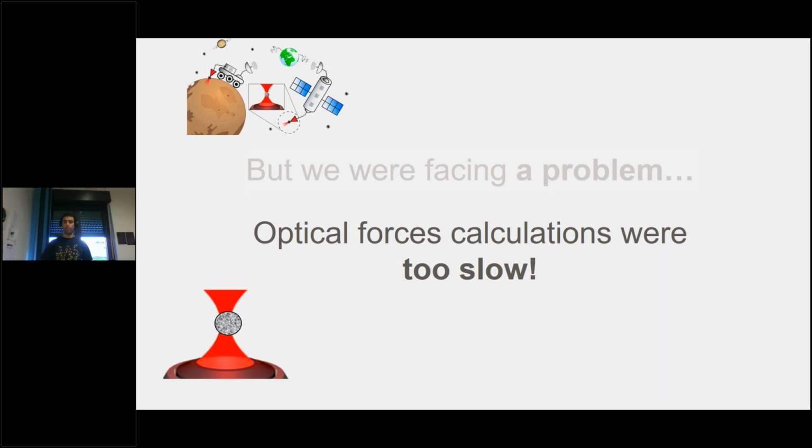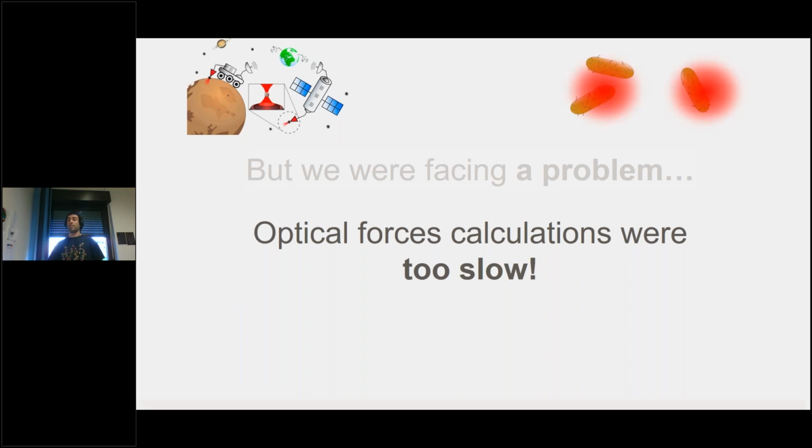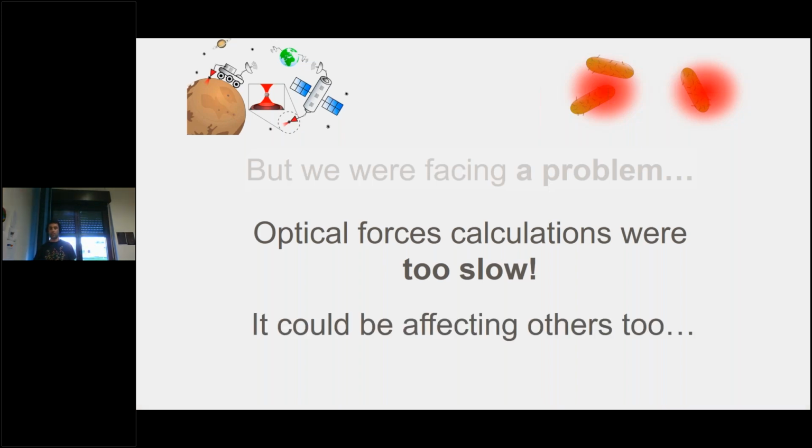So you can displace the particle to the next position, but you need to repeat this again and again and again. And if you want to simulate the dynamics properly, the time step you need to consider is very small, and this becomes unfeasible. So if this is very difficult in this case with one beam and one particle, you can imagine how complicated it becomes when we have many beams and many particles, as is the case in many active matter systems.